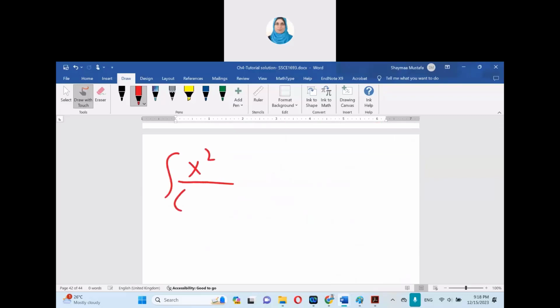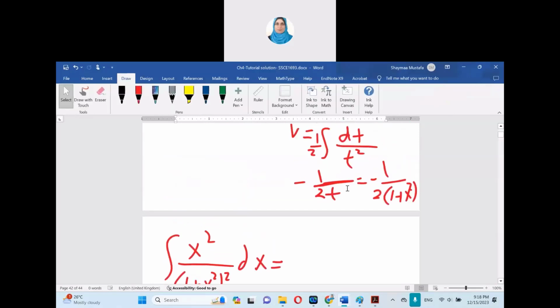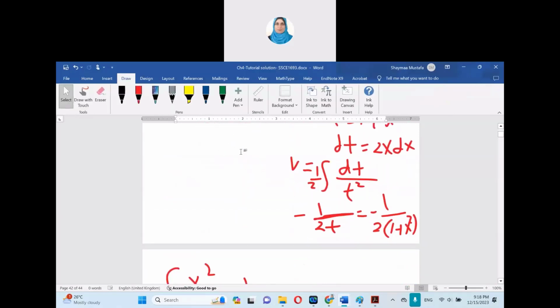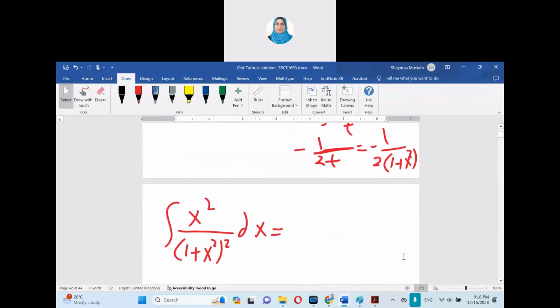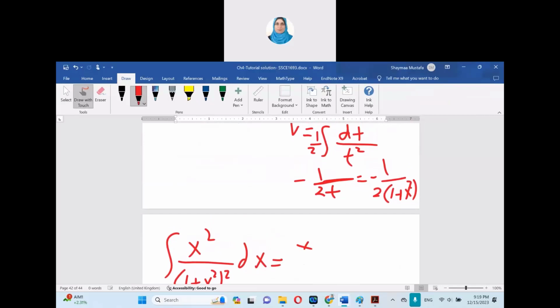So this integration, for x squared over (1 plus x squared) squared dx, is equal to uv, which means x over minus 2(1 plus x squared) from 0 to t, because the integration is from 0 until t.